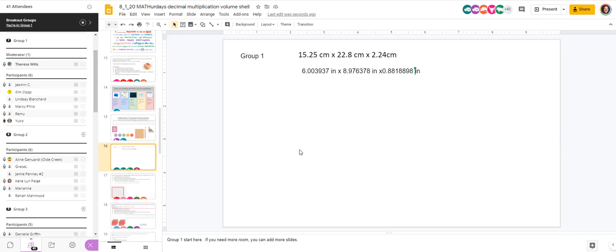Let's see, how many 2 and a quarter in 31.2? So I'm using a calculator here. Hi, group. Where are you getting 35.2 from? I'm just so curious about your way of doing this. We converted centimeters into inches.